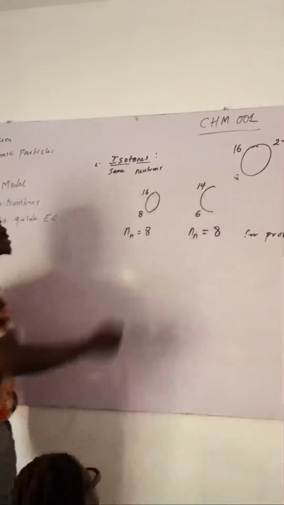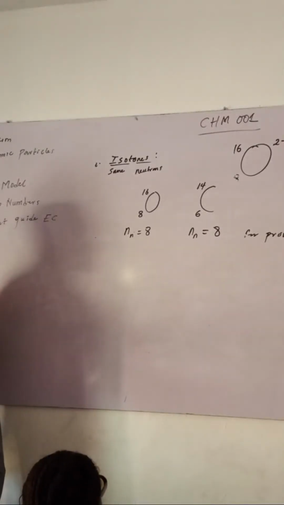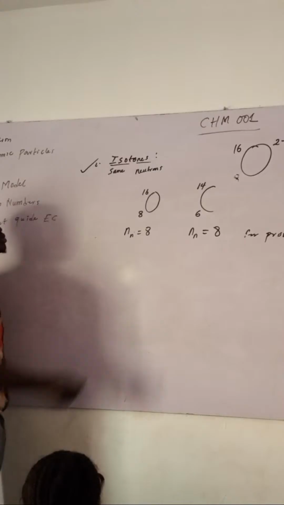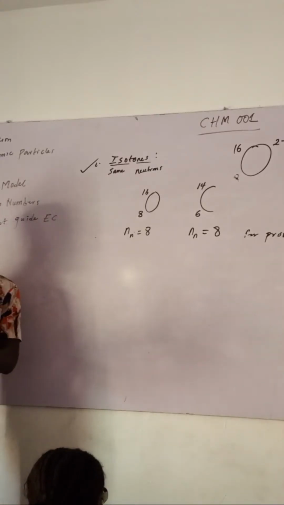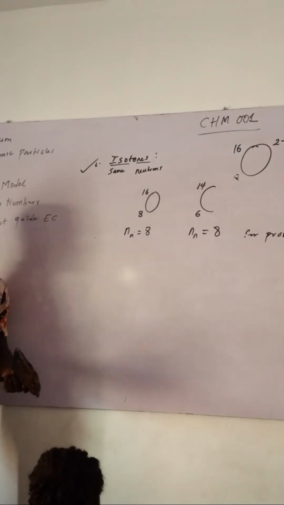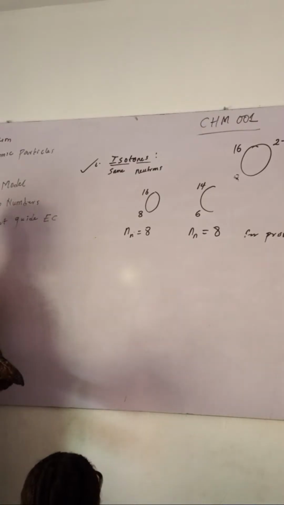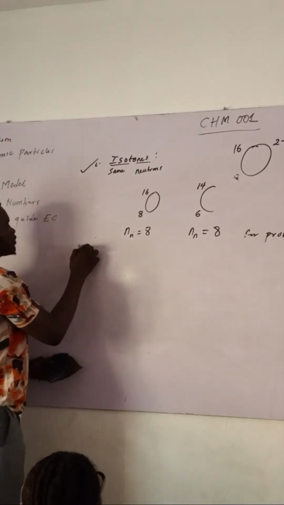So you can see that this oxygen and this carbon have the same number of neutrons, so they are said to be isotopes. So when you calculate the number of neutrons for all of the atoms, and you see that the number of neutrons are the same, then you say they are what? Isotopes. Is that taken? I hope you are following.